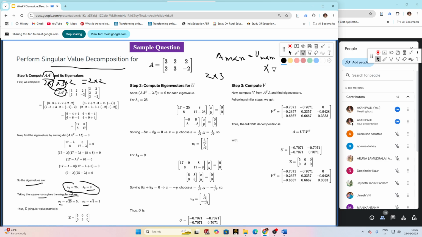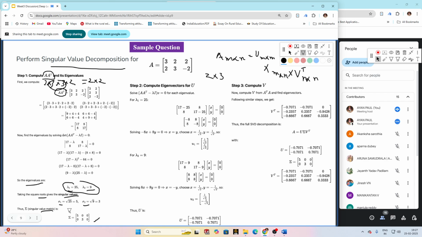If we take sigma as M cross M, then the product would be M cross M only, but then we cannot multiply it by VT, which is N cross N. So for that we have to make the singular value matrix M cross N. Whenever we multiply M cross N with N cross N, the N eliminates and we get an M cross N matrix. That is why the singular value matrix will be of order 2 cross 3, or M cross N. So this is the idea.